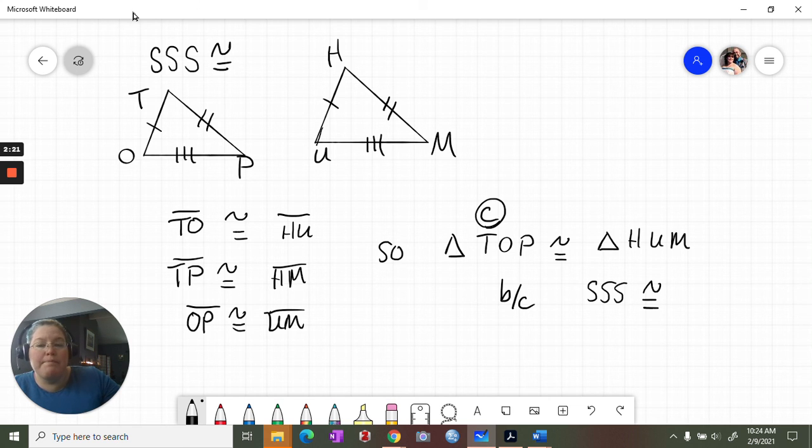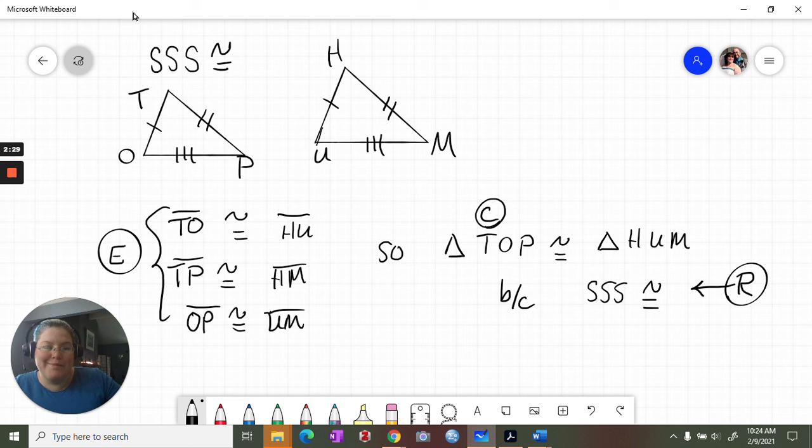That's my claim. This is my evidence. This is my reason. My claim, my triangles are congruent or not congruent, as the case may be. How I know that, and the congruency theorem that backs it up. Okay, so that's case 1, side-side-side.